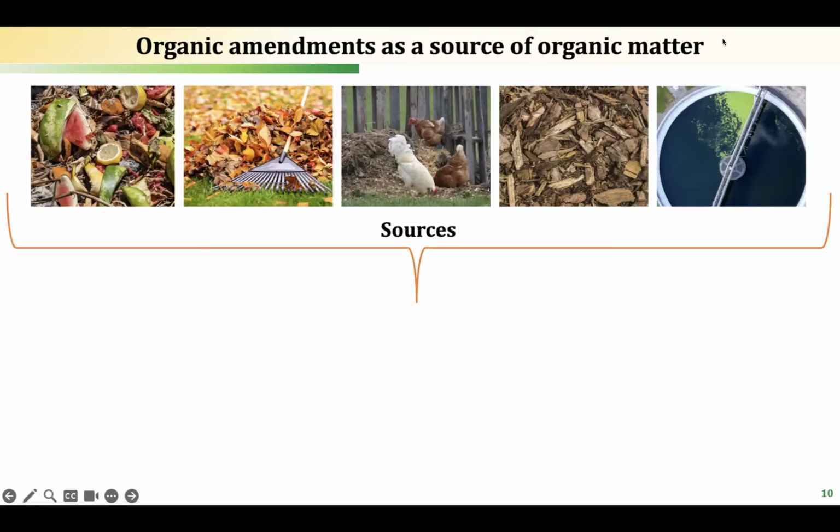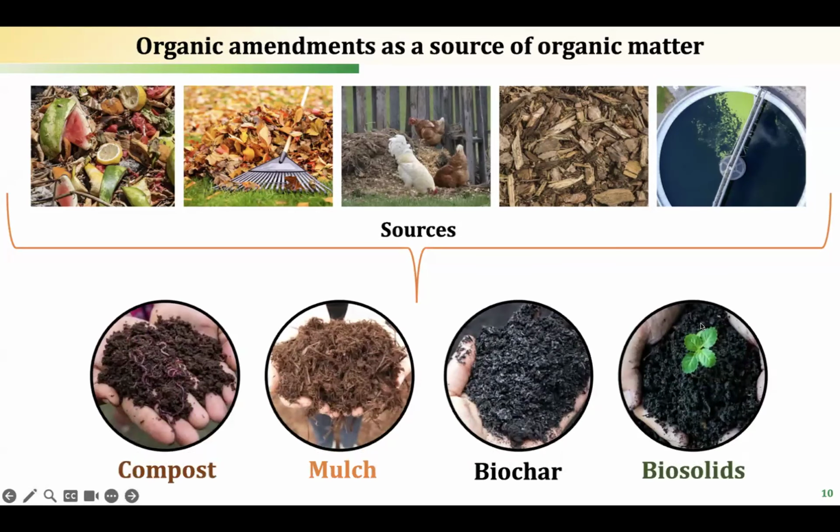That will be through the addition of organic amendments. These are basically materials developed from plant or animal matter, or even things like sewage sludge and food waste, for example. And depending on what process they undergo, they can end up becoming amendments like compost, biosolids, biochar, and mulch, all of which can enhance soil organic matter and structure.